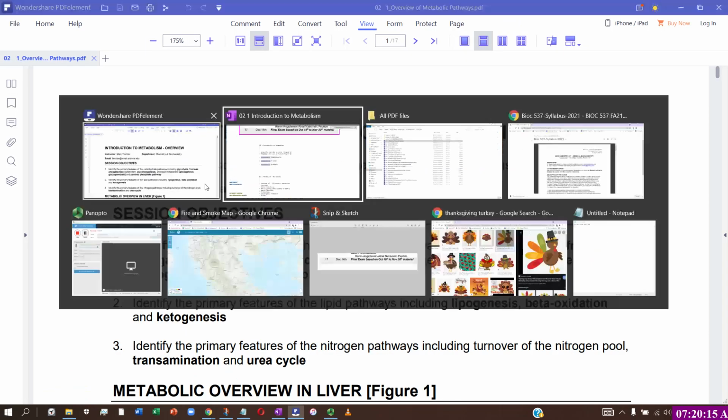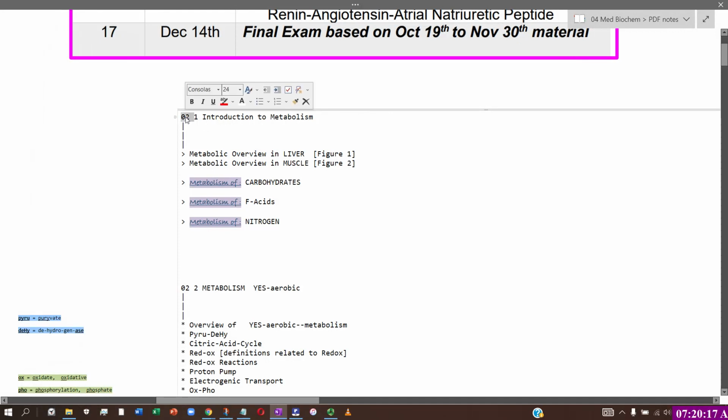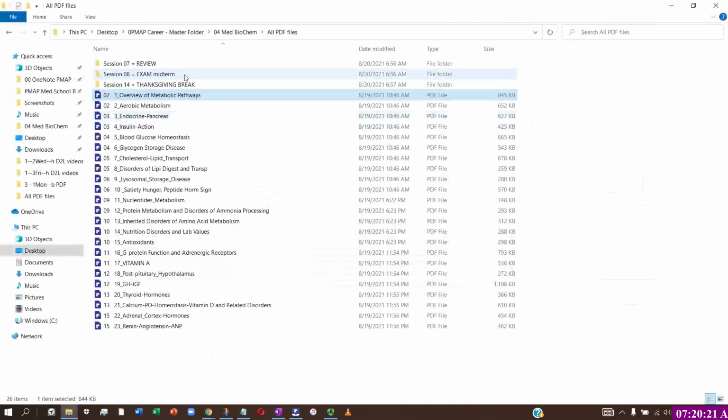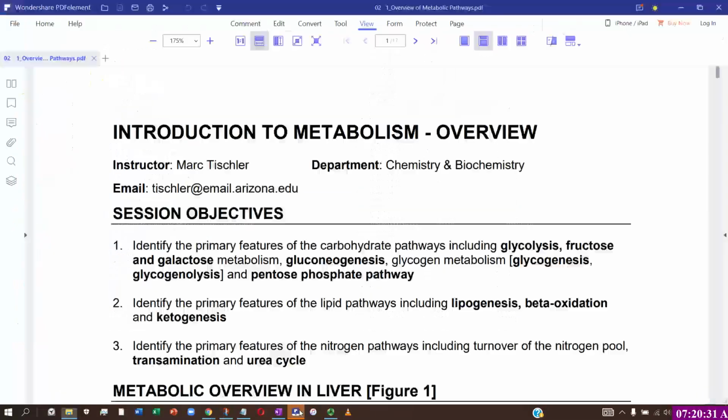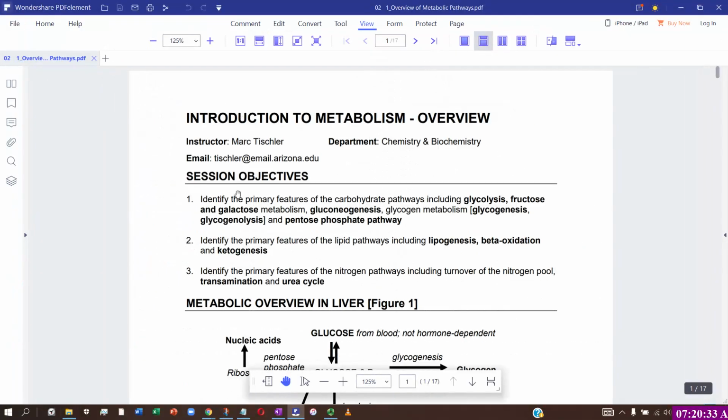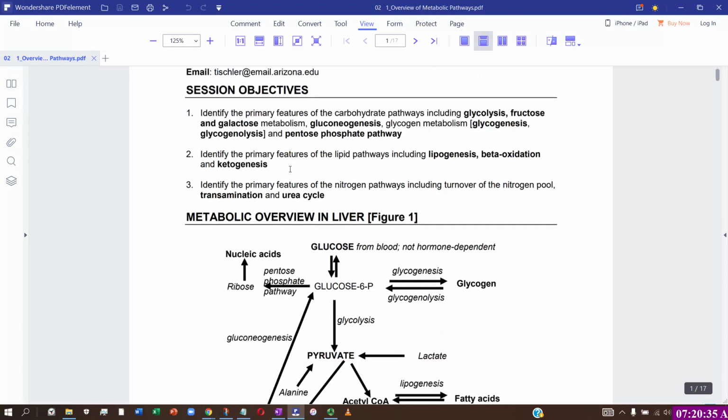So session 2, PDF 1, as you can see from this list, is called Overview of Metabolic Pathways. When you open it up, we'll skip over the session objectives for now.